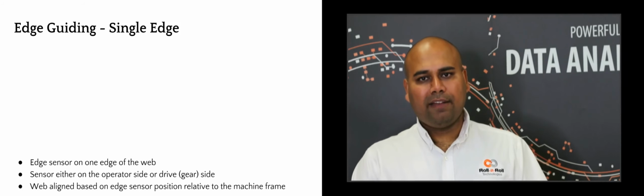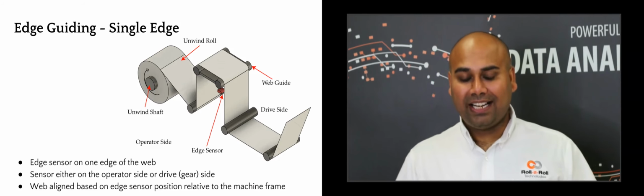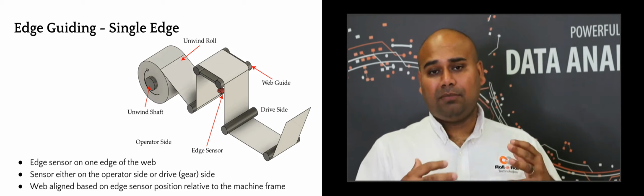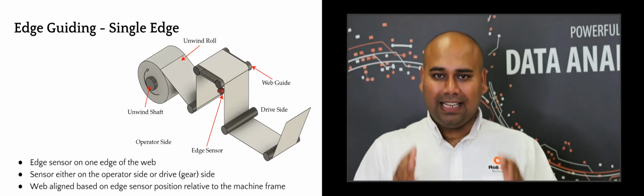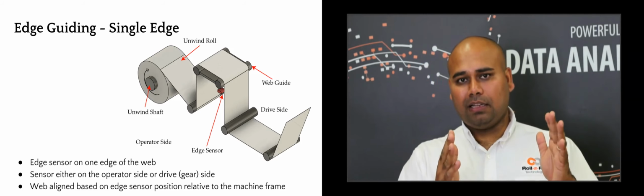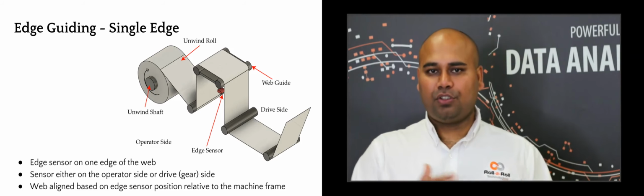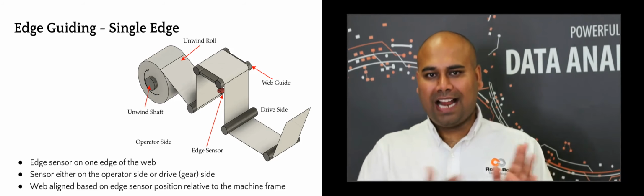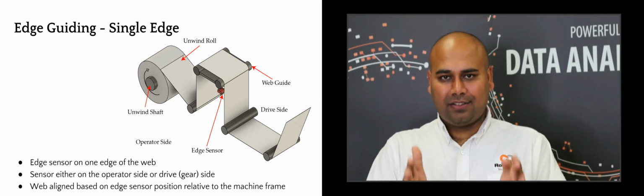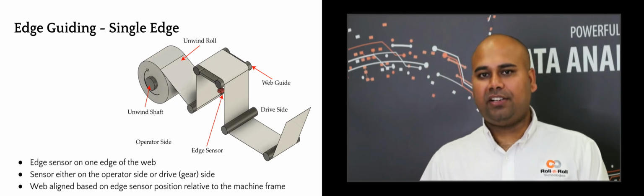So everybody is familiar with edge guiding. If not, edge guiding, or guiding, is basically to align the cross-machine direction position of the web within a roll-to-roll machine. So you're laterally positioning the web at a certain location in the cross-machine direction of the web.